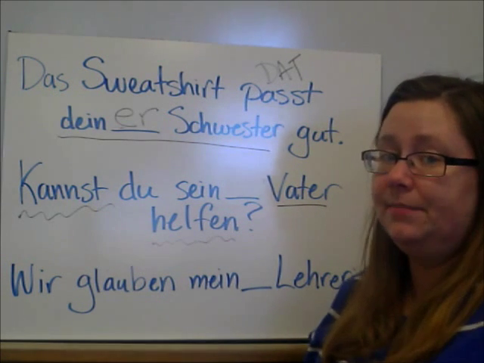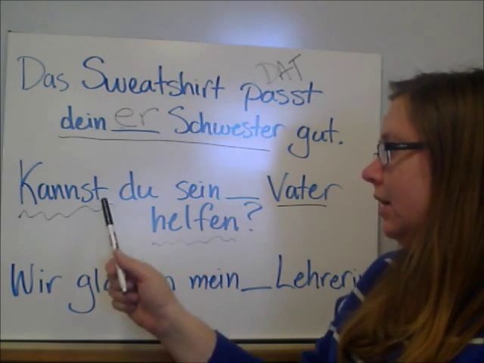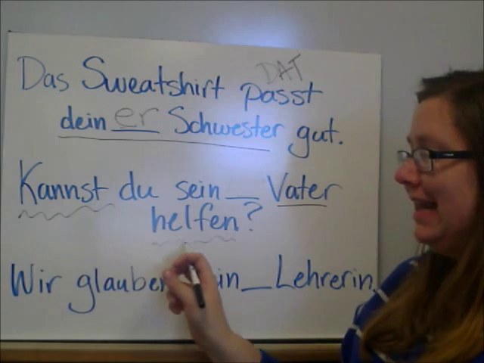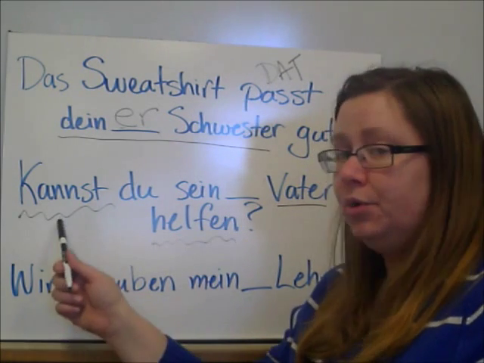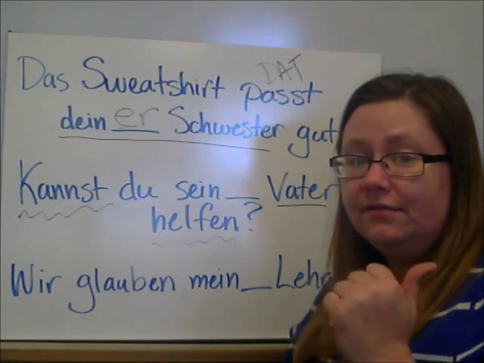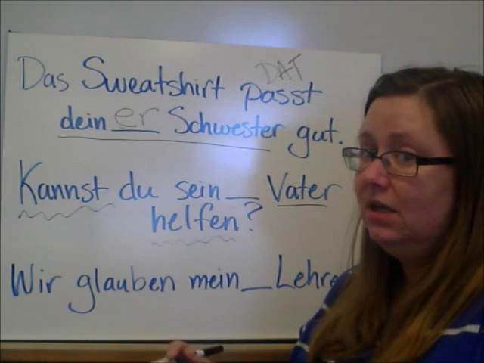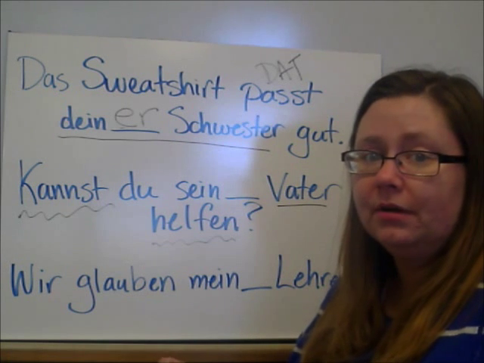In this next example, I've made it a question and I've used a modal helping verb. Can you help his father? So can help is a 2-part verb. Because können is a modal, we've conjugated it and thrown the infinitive of helfen at the end of the question or at the end of the statement. No matter where helfen is in the sentence, it's still part of the verb.